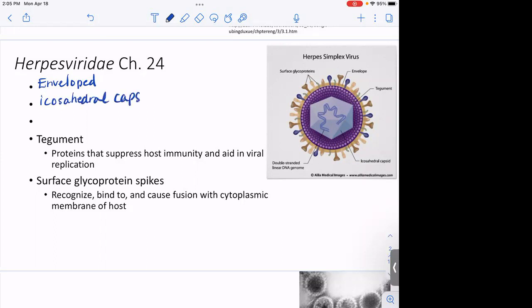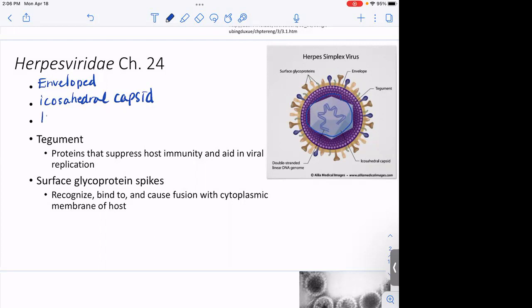If you can remember, we had different capsids that we talked about: helical capsids, polyhedral. I think all the polyhedral ones are actually icosahedral, meaning it's 20-sided equilateral triangles. So you can see this capsid over there.